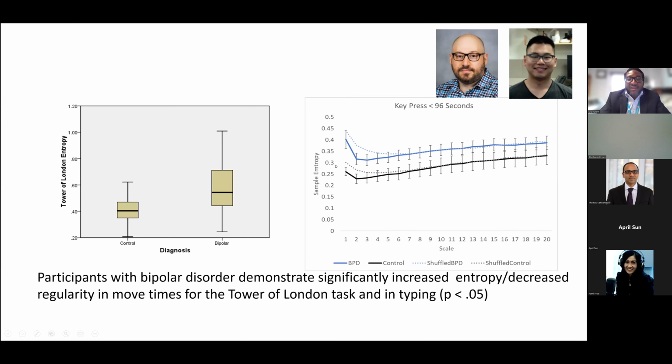And here we're looking at entropy across different timescales because the typing data is sampled with a high temporal frequency. So we wanted to make sure that any changes in entropy were not specific to any particular timescale. And we can see that over all the timescales analyzed, patients with bipolar disorder had significantly higher entropy of typing compared to controls.